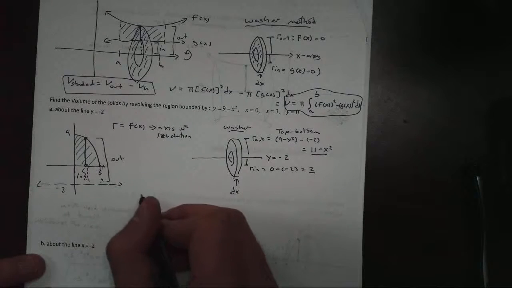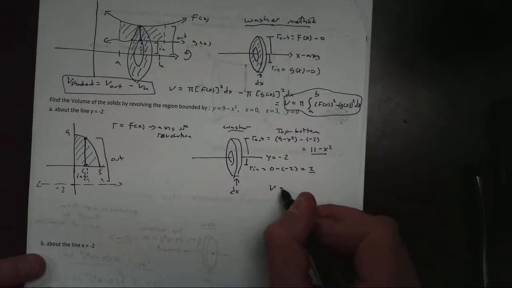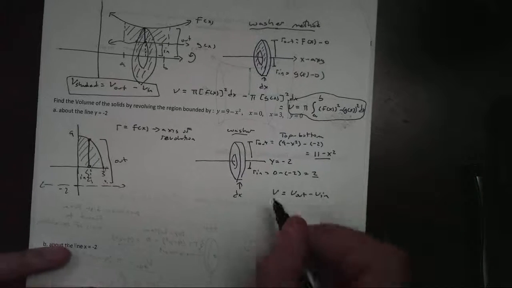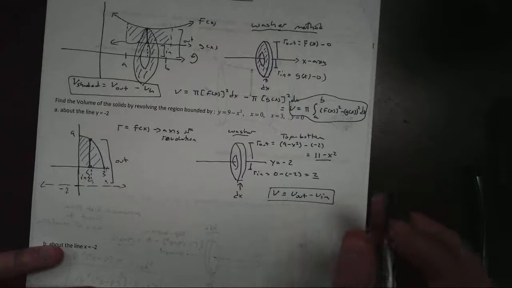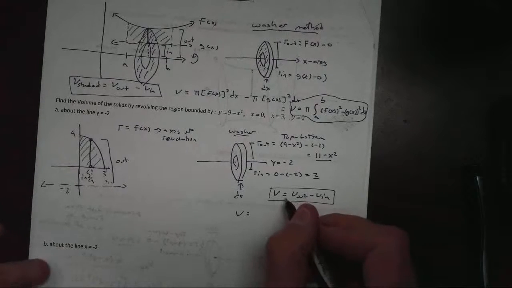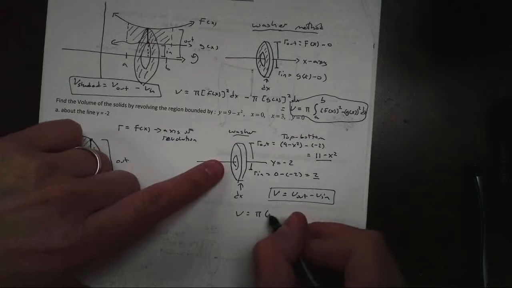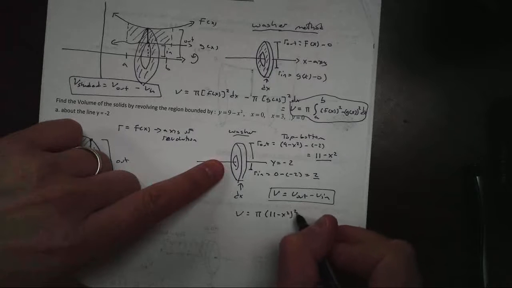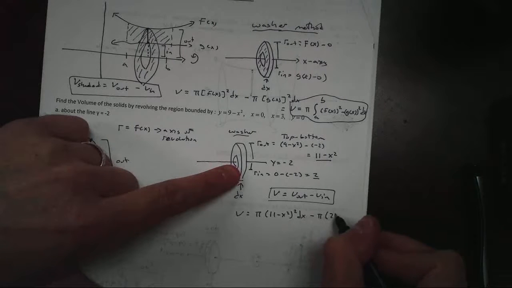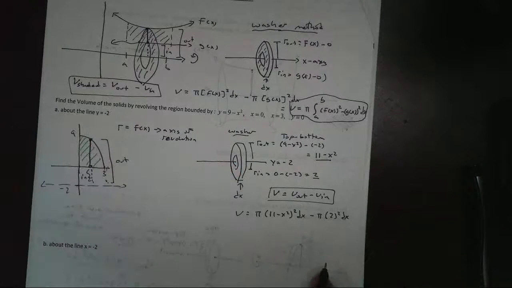So to get the volume, like I said, it's going to be the volume of the outside minus the volume of the inside. There's my formula. So basically we're just subtracting out the volume of 2 cylinders. Volume of the outside, pi times (11 minus x squared) squared dx, minus the volume of the inside, pi times 2 squared dx.